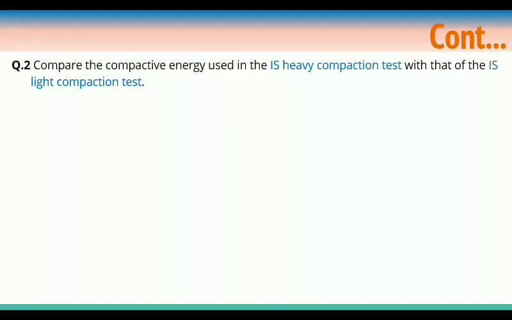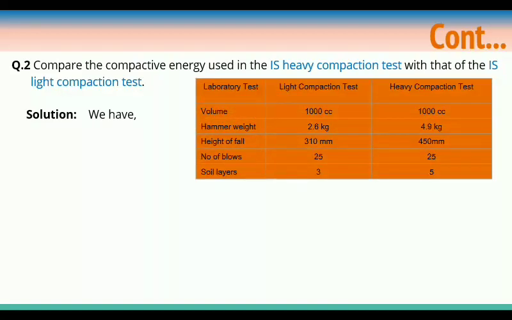Here is question number 2: Compare the compactive energy used in the IS heavy compaction test with that of the IS light compaction test. If we go through the IS code, we have all this data and we can calculate the energy imparted in the case of the IS heavy compaction test.